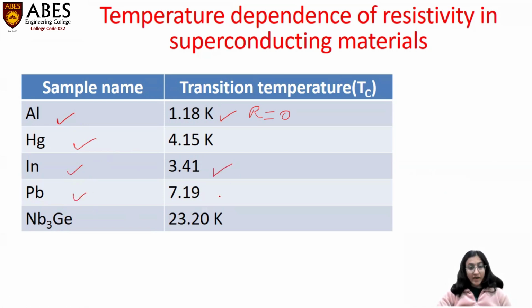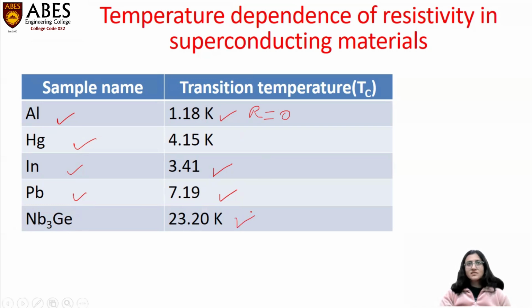Lead has a bit higher critical temperature, 7.19 Kelvin. And the last example is a combination of two elements, niobium and germanium. These values for elements are below 10 Kelvin, but when we used a compound, the critical temperature rose to 23.20 Kelvin.